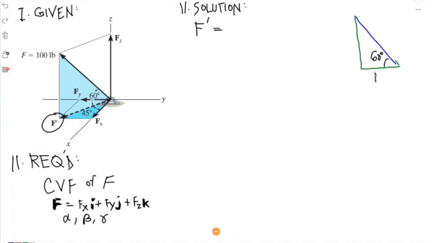This is our F prime, and this is F, which is equal to 100 pounds.